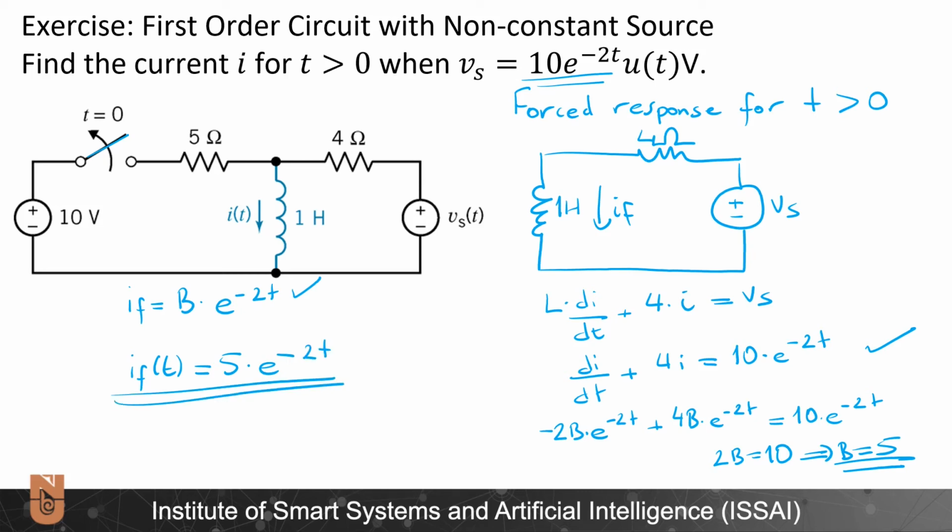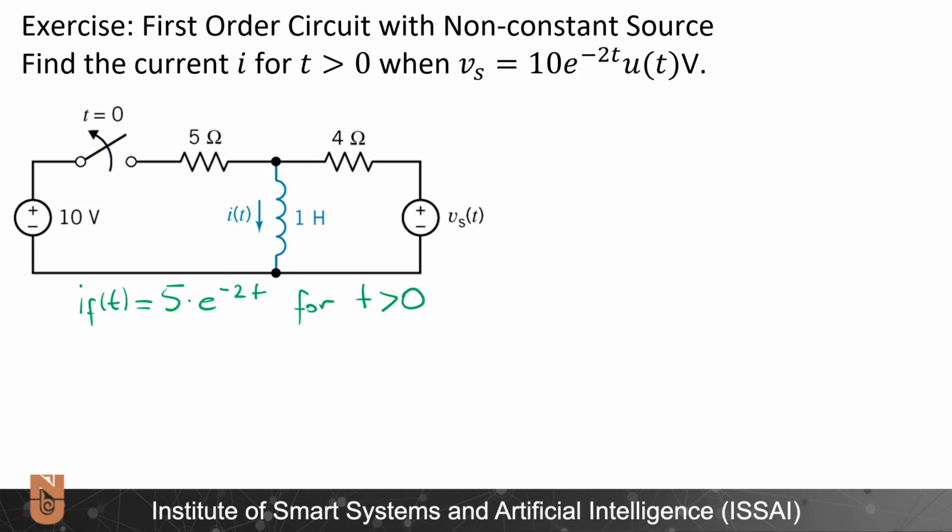However, I still need to find the natural response of the circuit due to the initial energy stored in the circuit at t equal to 0. Let's first find the initial condition of the inductor current at t equal to 0. For t less than 0 at steady state, I have plus minus 10 volts. This switch is closed, and here 5 ohms.